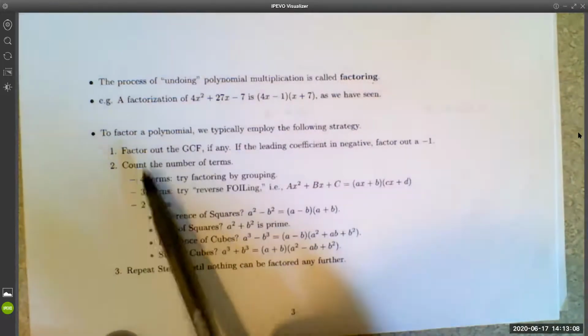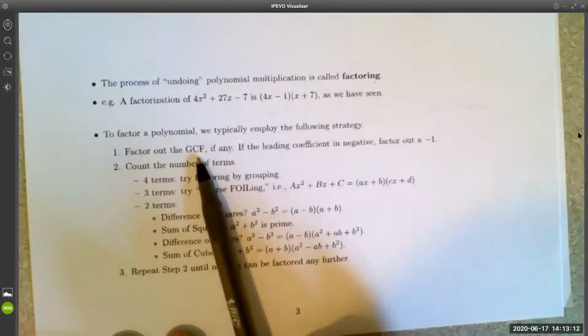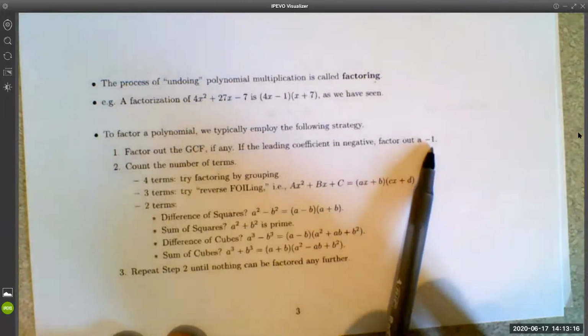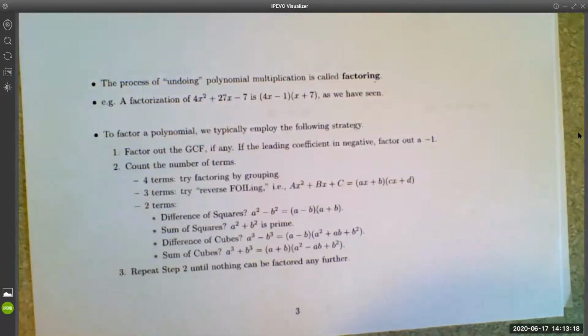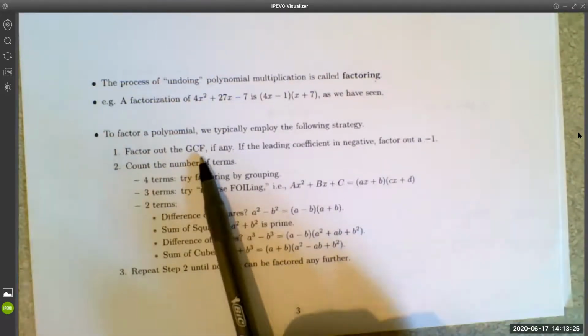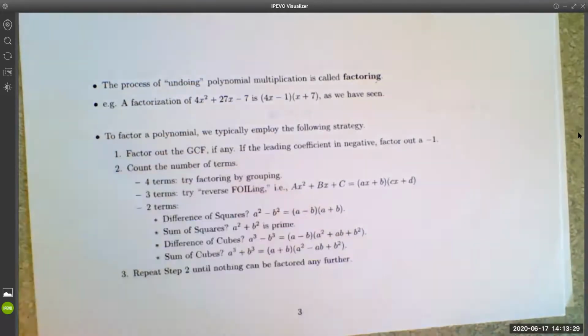The first thing I always do is try to factor out a GCF if there is one. If the leading coefficient is negative, then I'll also factor out a negative 1. Not all polynomials are going to have a GCF, but if they do, you should take out the GCF first and foremost. That's the very first thing you should check for.